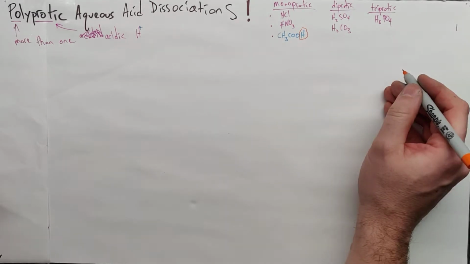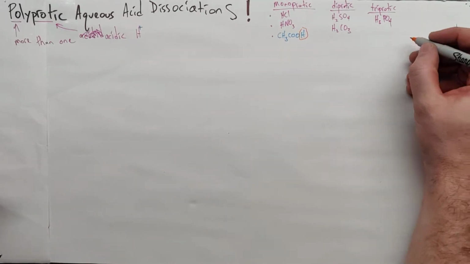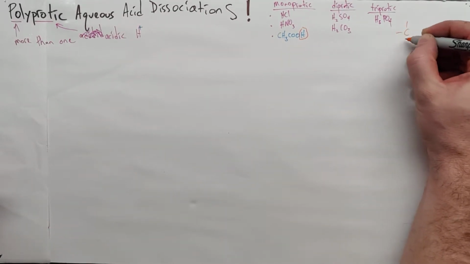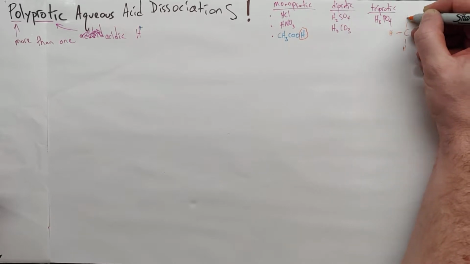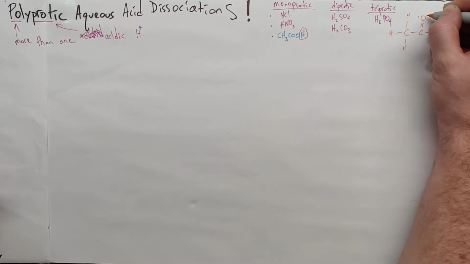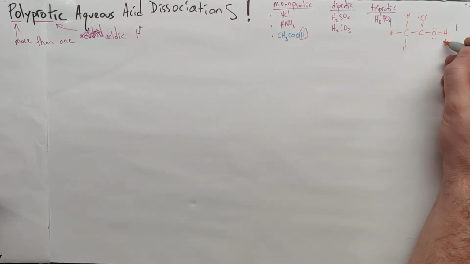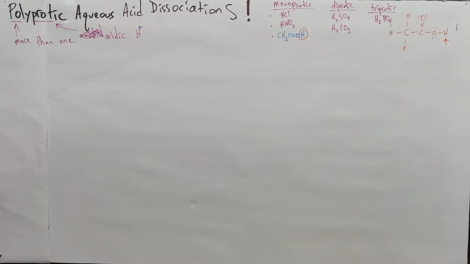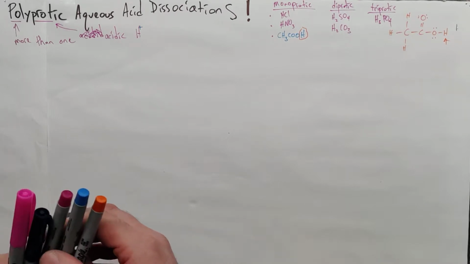You can see that if you draw the structure out, which I've done in other videos: CH3, C double bond O, OH. That one H is different than the others, and that's the one that can be removed. The other three are attached to the carbon, and that's a big deal to try and remove those, and the topic for another video.